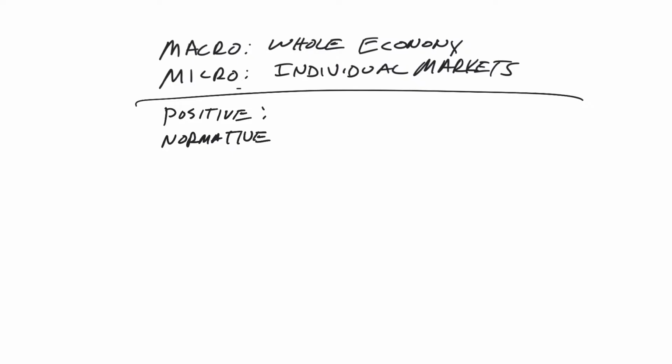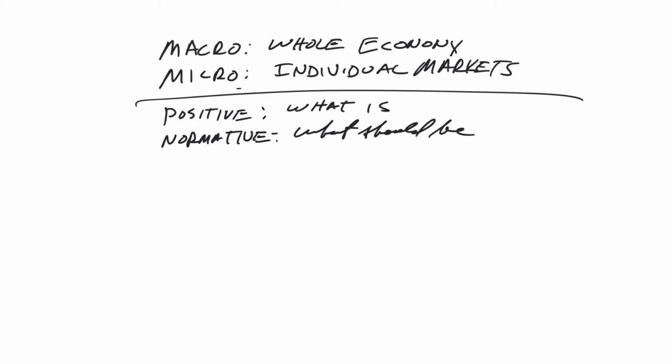Positive economics makes a claim about what is, how the world actually works. Okay, so I'm going to just put what is. Normative economics talks more about how things should be. Okay, what should be. Let's see if I dare write. Let's see if anybody can read that.